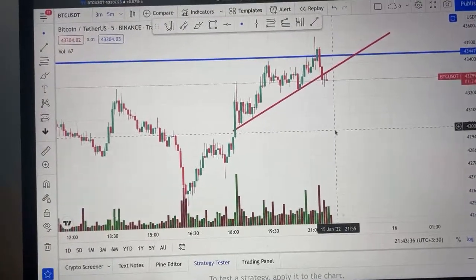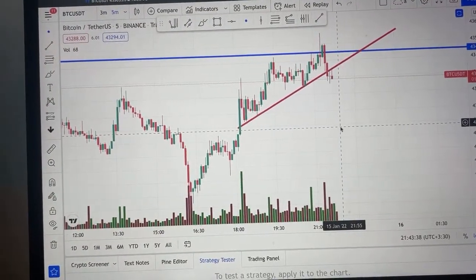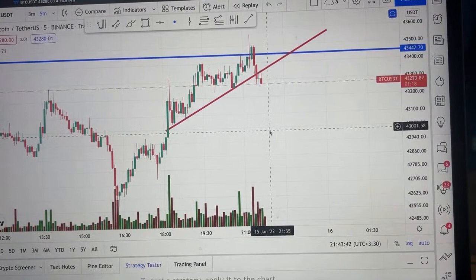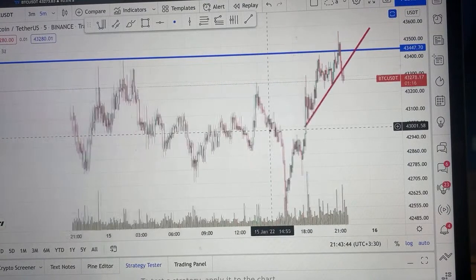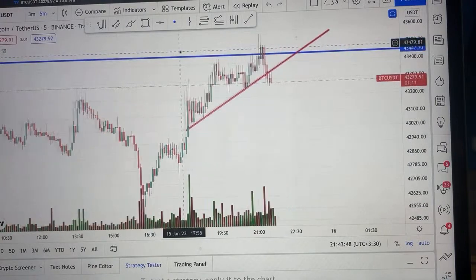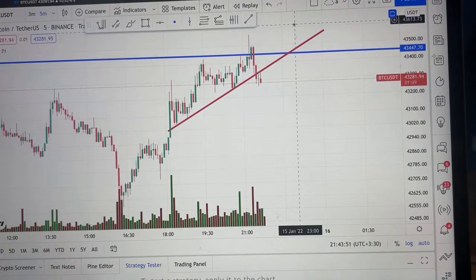So, let's trade together. Right now we are having this candle for Bitcoin on the 5-minute time frame. This was the potential high for Bitcoin on the 5-minute time frame. And do you think I should sell Bitcoin for lower levels or not?